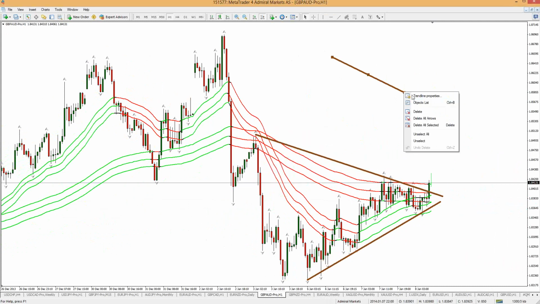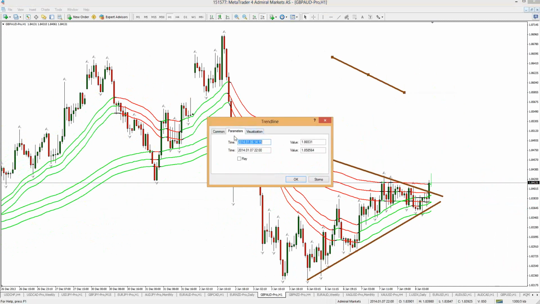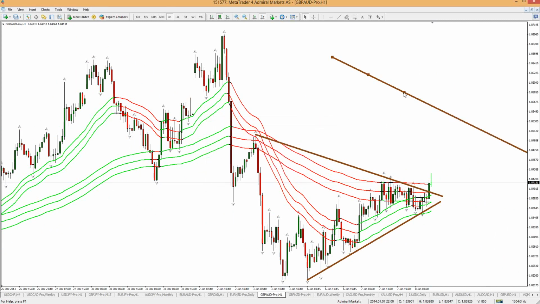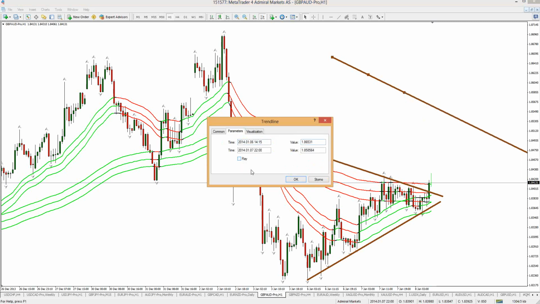Right-click the trend line, go to trend line properties, go to parameters, and uncheck ray. And then you would change it to a limited length. By clicking on ray, you would of course make it continue again.